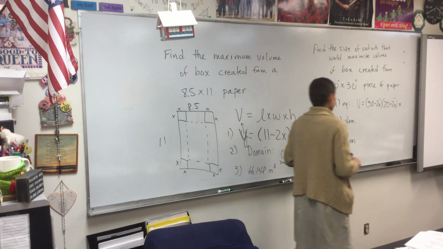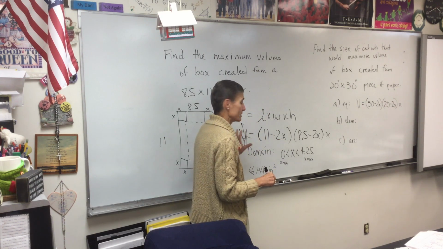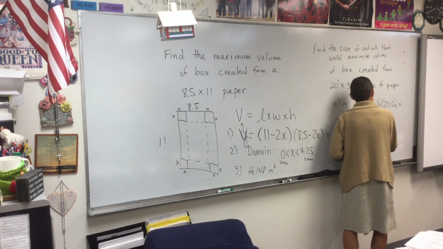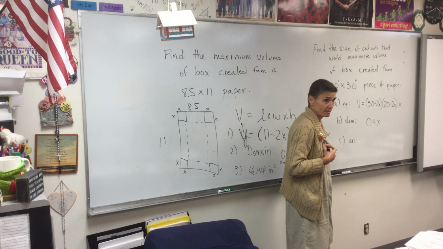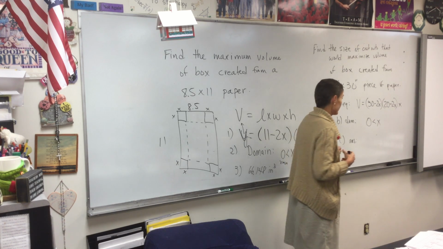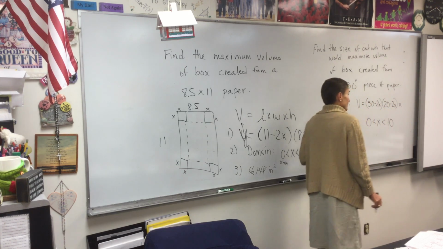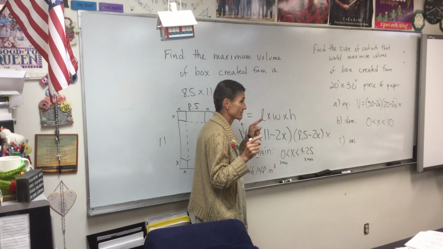Now, what did you say for your domain? It's different. This is going to have a totally different, well, not totally different, but it's going to have a different domain. We still have 0. We're always going to have 0 because x is never going to be able to be negative, right? But this time, what's your upper limit? 10. Your paper is only 20 across.